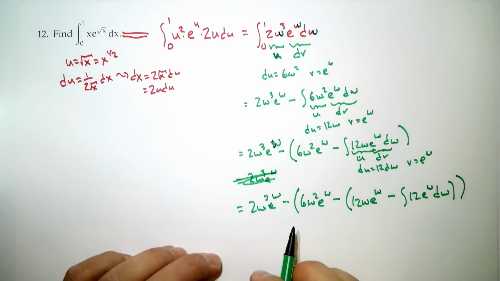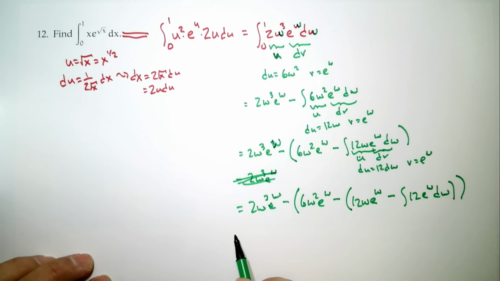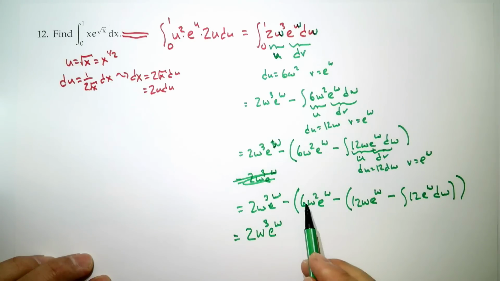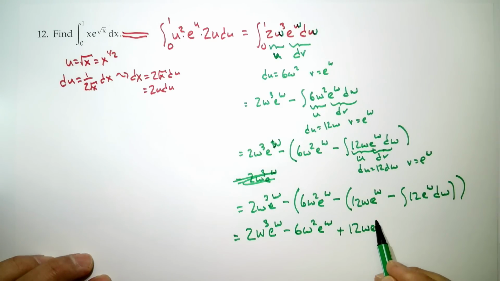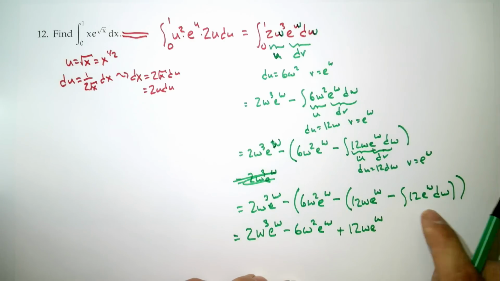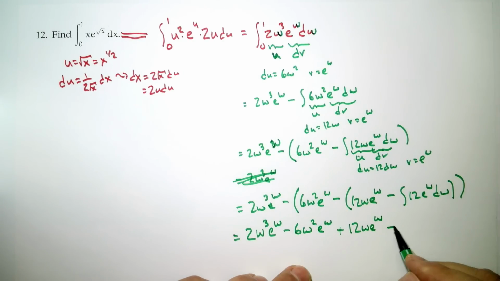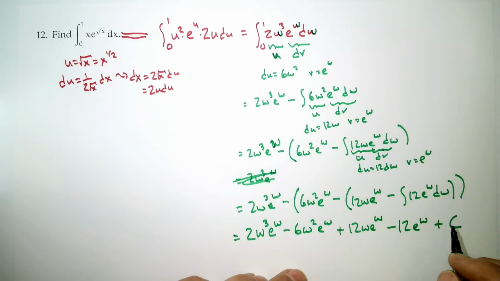Okay, we're almost there. So, cleaning it up. This is 2w cubed e to the w minus 6w squared e to the w, minus minus makes a plus 12w e to the w, minus minus minus, so it's a minus. Then the integral of 12 e to the w is 12 e to the w. And of course, because we want the points, plus c.